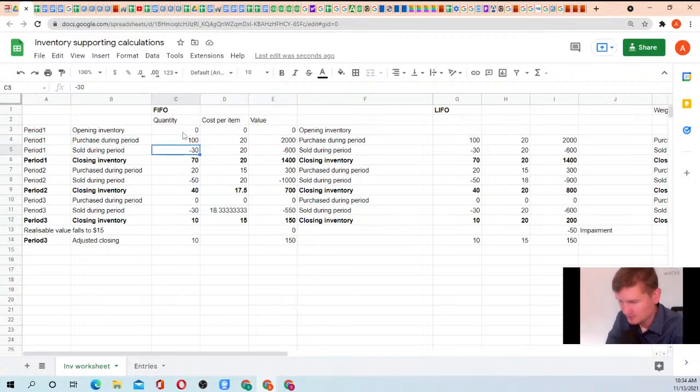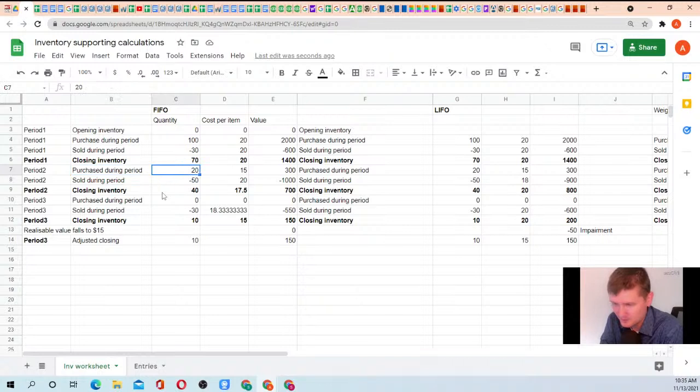Then we sold 30 items of inventory and we removed from the inventory $600 and 30 items. So at the end, it's easy to calculate what we have: 70 items at $20, $1,400. Everything seems straightforward so far.